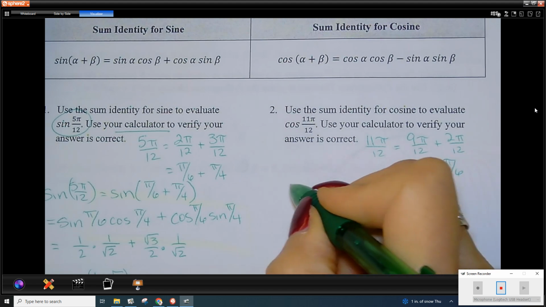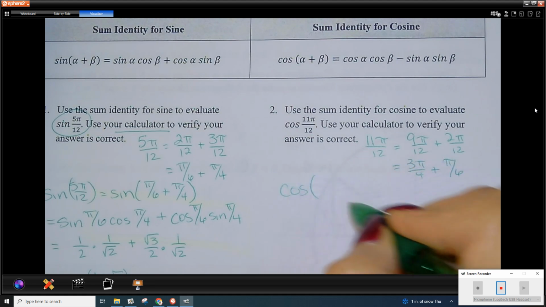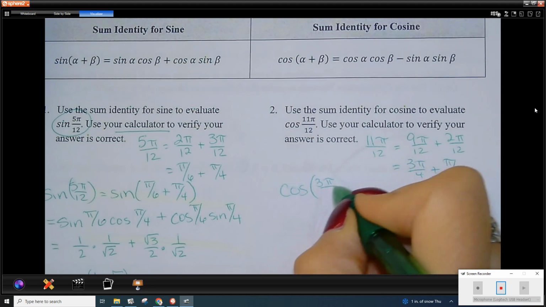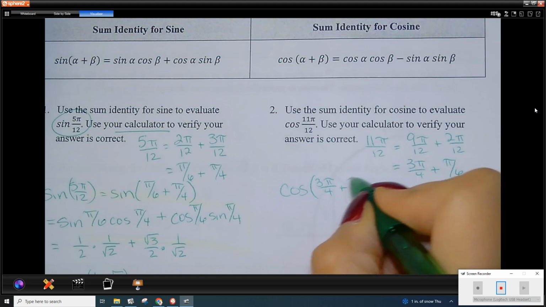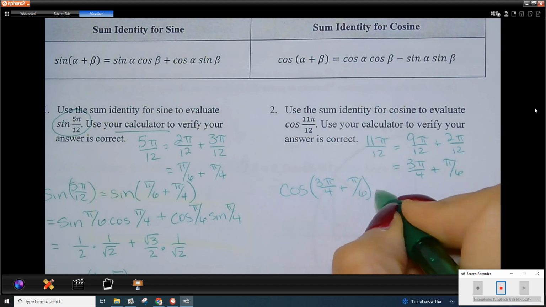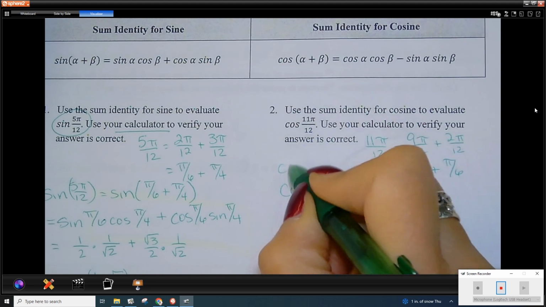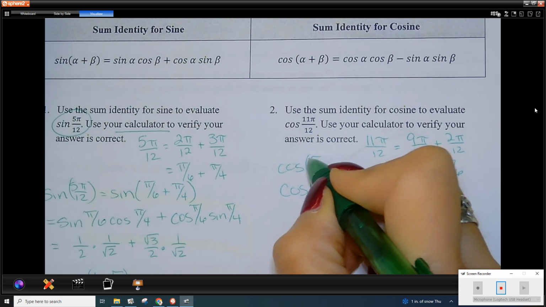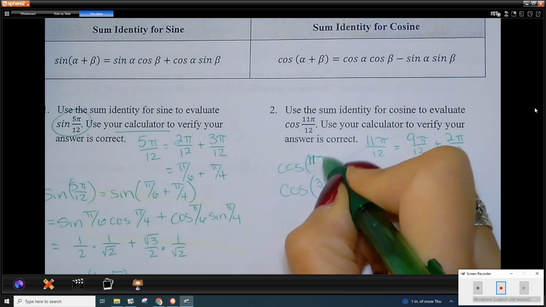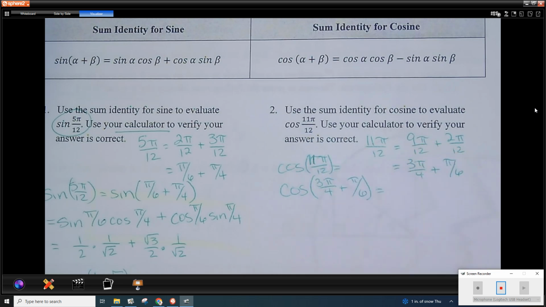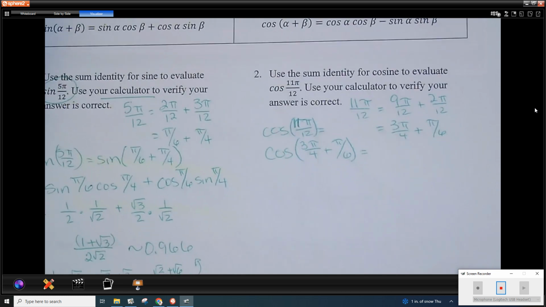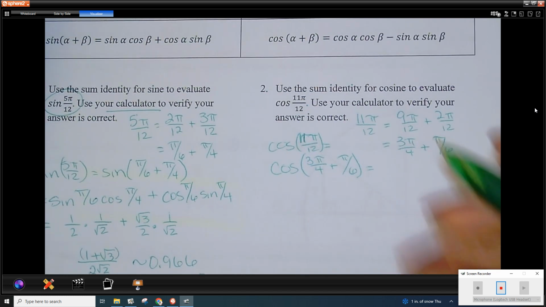So we're going to say the cosine of 3 pi over 4 plus pi over 6. Oops, cosine of 11 pi over 12. There.